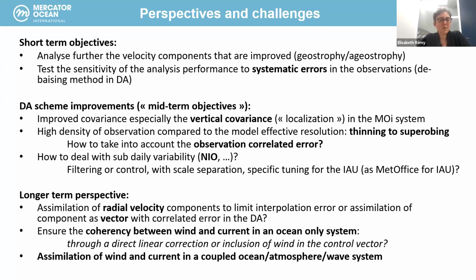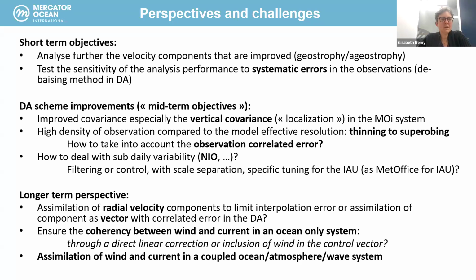There's also the question of how to deal with the really high density of observations compared to the model effective resolution. So here we use thinning, but we should go for super-obbing or filtering to better take into account correlated errors, and so how the signal and errors could be correlated.